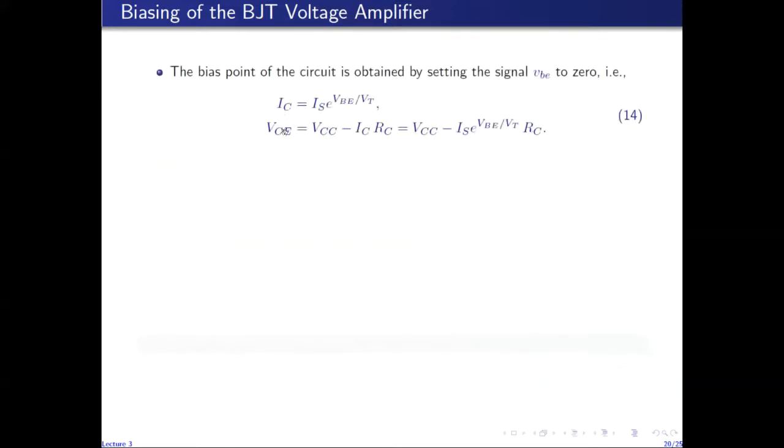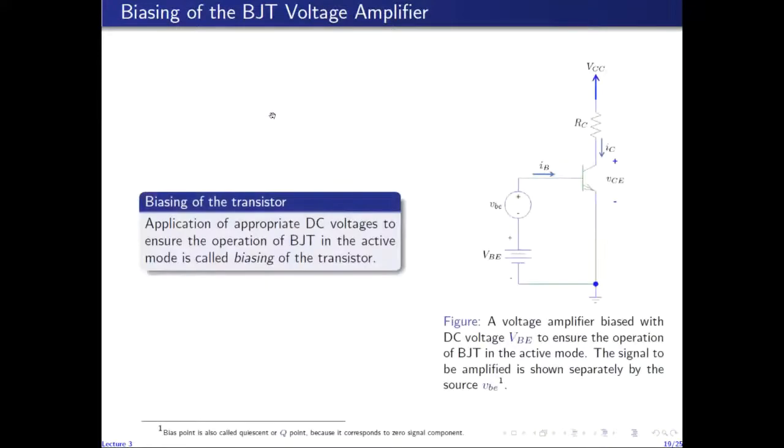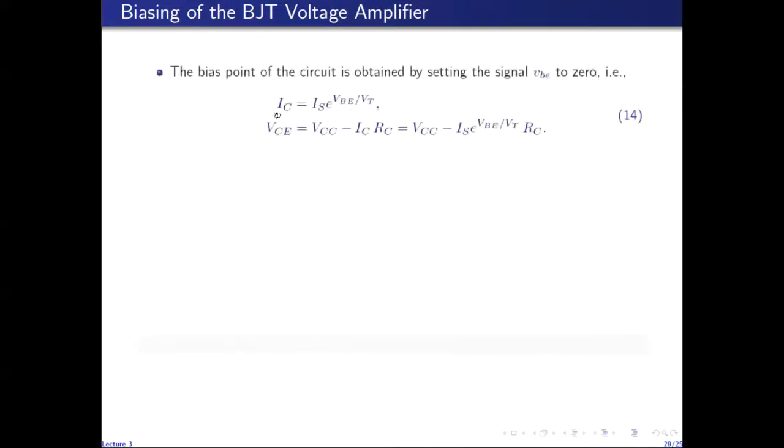So the bias point is given by this set of equations. If you want to find the contribution at the output because of this source, we kill this AC source, that is, we short circuit the AC source, and then we are left with only VBE as the base emitter voltage. Corresponding to VBE, we get the collector current IC, which is given by this relation.